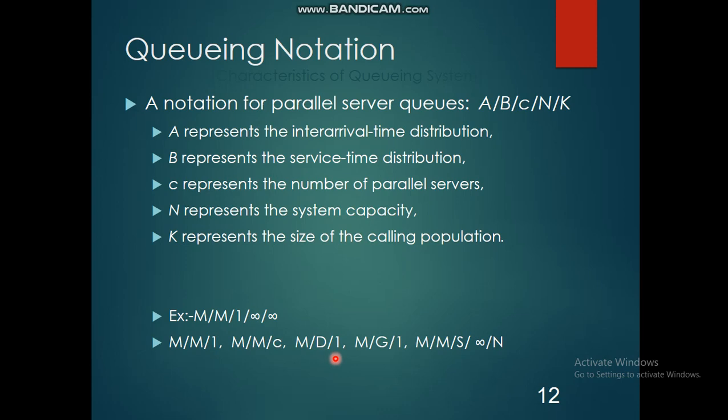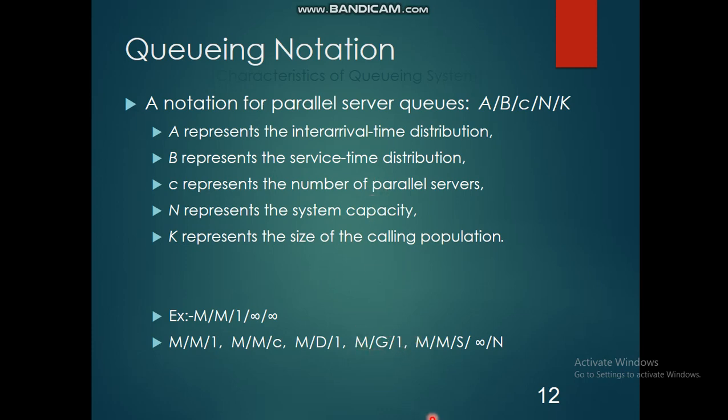The server is one, but the distribution is constant, or deterministic as you say. The next example is m/g/1. Any general service shop or repair shop is an example for m/g/1.